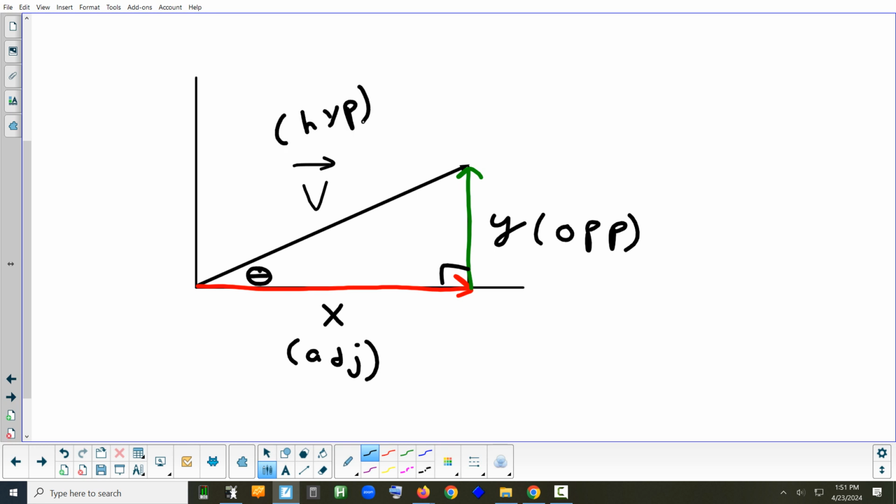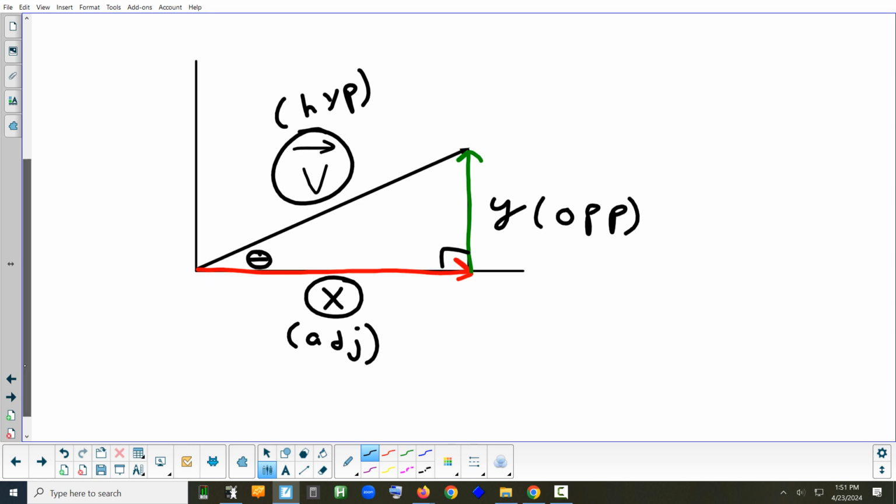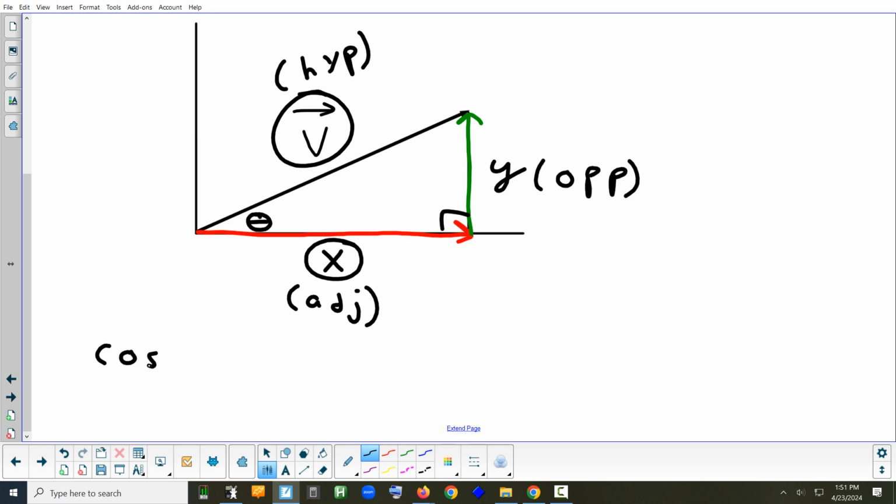Let's start with x. What trig function would involve x, which is adjacent, and the vector v, which is the hypotenuse? Cosine. So the cosine of our angle would equal adjacent over hypotenuse. And what do we want to put in the bottom here?